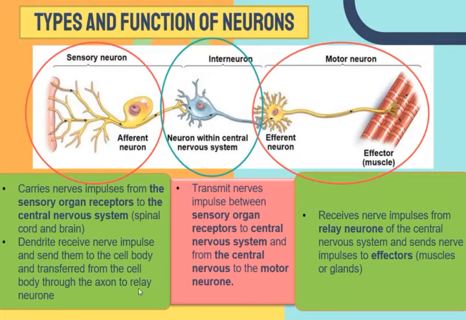Relay neuron is the other name for the interneuron. So the main function of the afferent or sensory neuron is to carry nerve impulses from the sensory organ or receptor to the central nervous system.